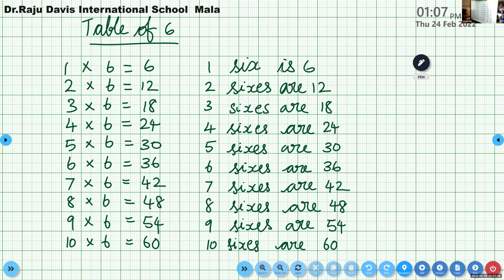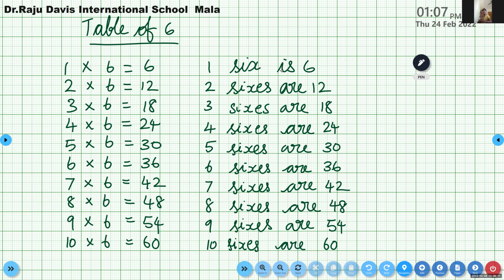Nakshatra, please read the table. Others, please be quiet. Nakshatra, please start. 1 into 6, 6. 2 into 6, 12. 3 into 6.